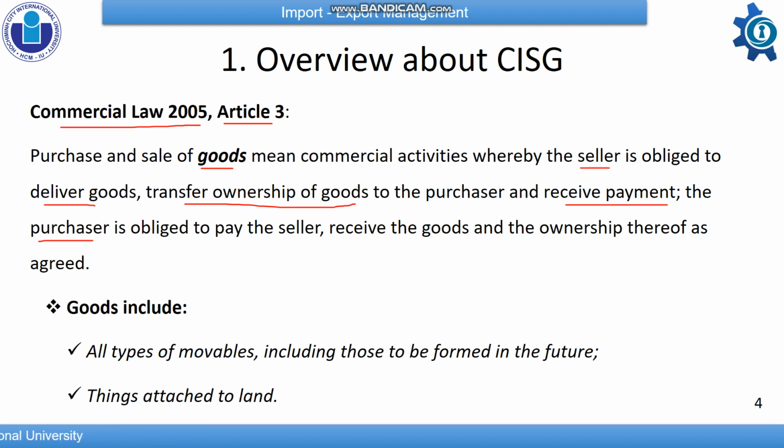So the seller, we have three activities. The first one is deliver products. The second one is transfer the ownership of goods to the purchaser, and the third one is receive payment. How about purchaser? Purchaser is obliged to pay the seller, receive the goods, and also receive the ownership thereof as agreed.